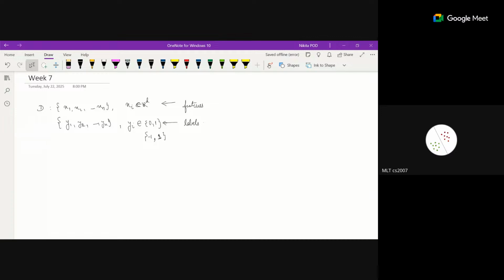So what is the setup for this binary classification problem? Our data set is (x1, y1), (x2, y2), so on to (xn, yn), where my x's belong to R^d and my y's I'm taking here as 0 and 1.